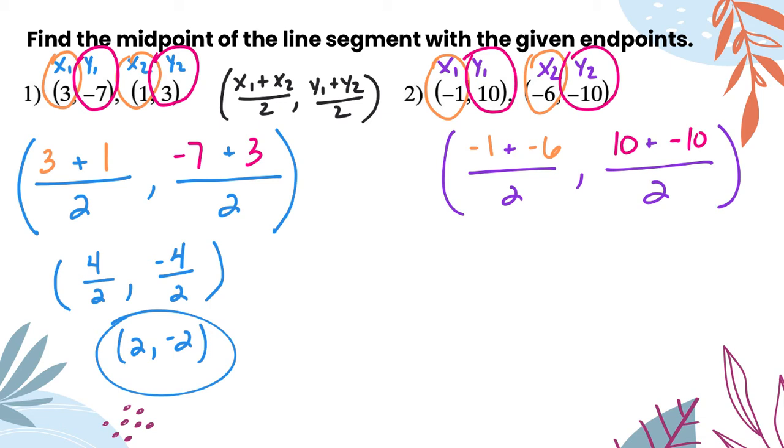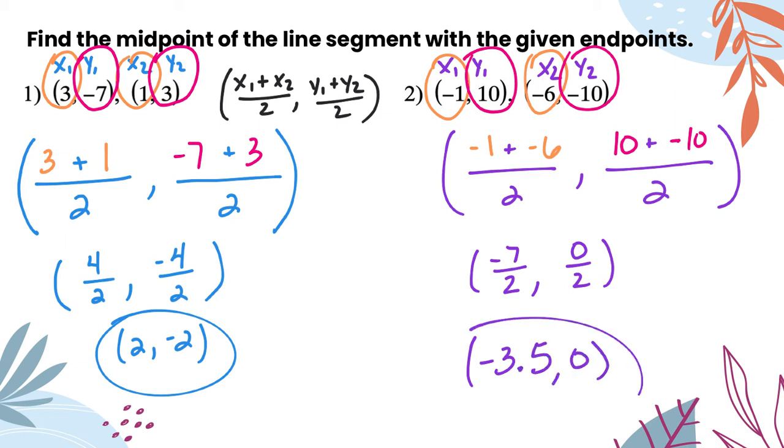It's going to end up giving me negative 7 over 2, comma 0 over 2. Negative 7 divided by 2 does give me a decimal. That's negative 3.5. And 0 divided by 2 is 0. And so that is my answer.